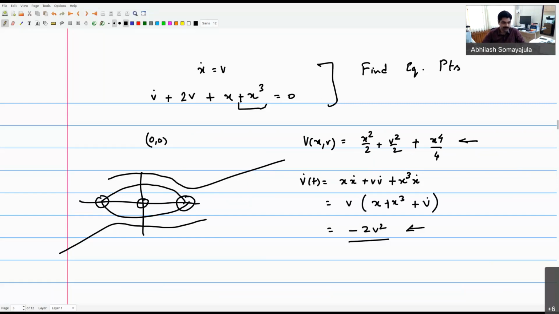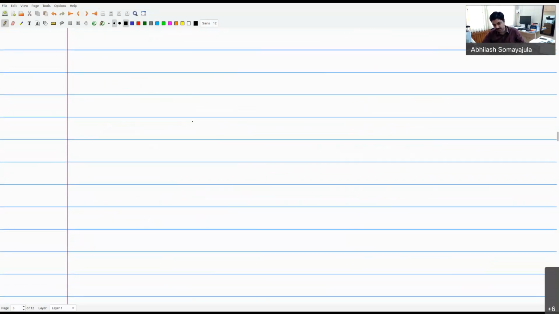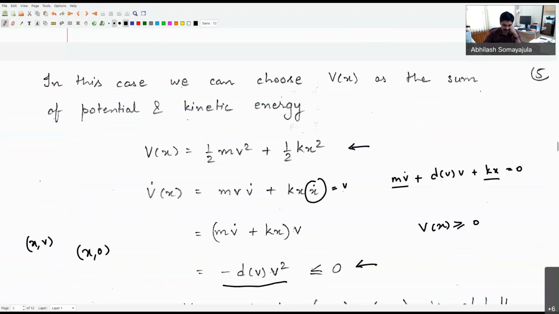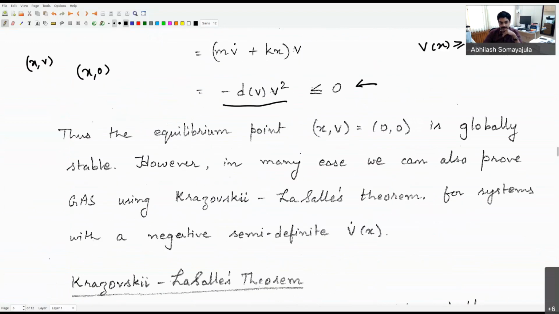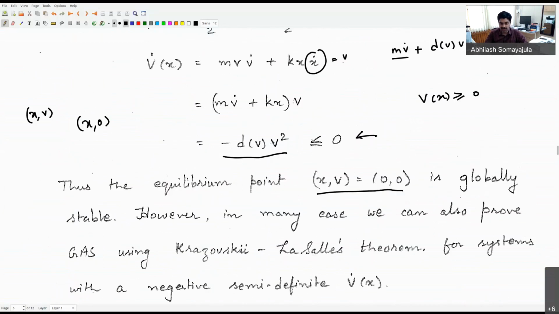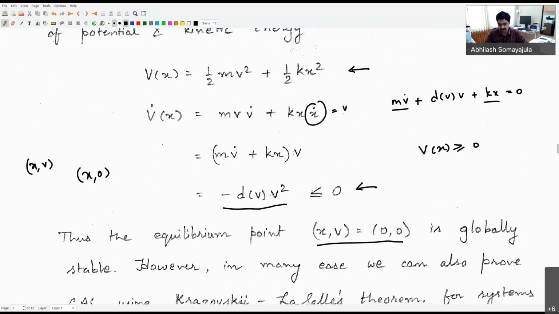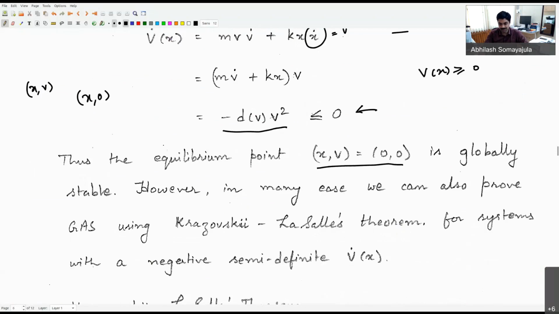Okay, hopefully for now it is clear how I apply this Lyapunov stability criteria. So we saw in this case that the equilibrium point 0, 0 is globally stable for this case of a linear spring mass damper system.